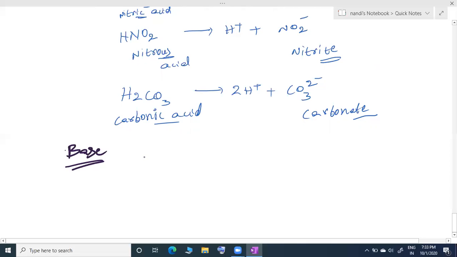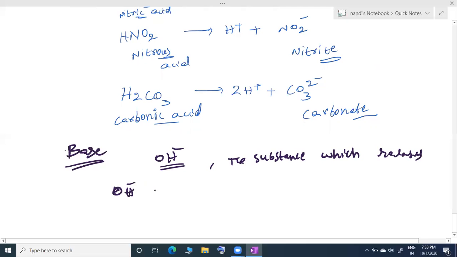According to Arrhenius theory, the substance which releases OH minus ion when dissolved in water is a base. So this is the basic definition according to Arrhenius acid base theory.